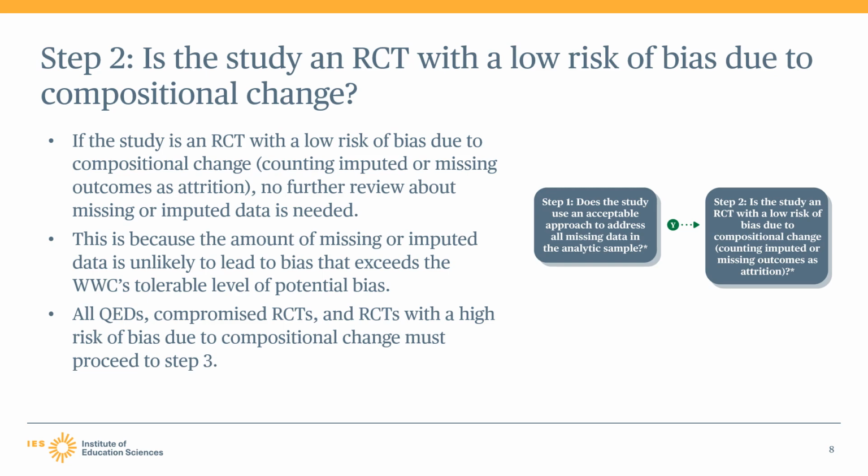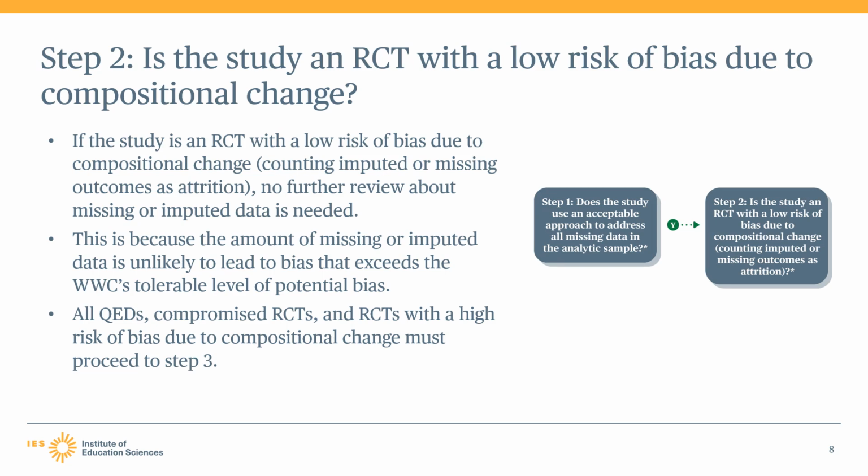Some techniques for handling missing data, like maximum likelihood methods, can include units with missing data in the outcome analysis without imputation, but these sample members would also be counted as attrition. Again, the WWC counts sample members with imputed or missing outcome data as attrition, since they can introduce bias if the patterns of missingness depend on unmeasured factors.